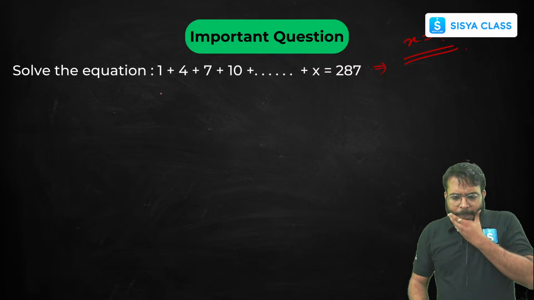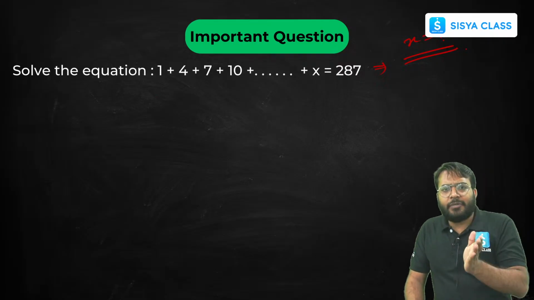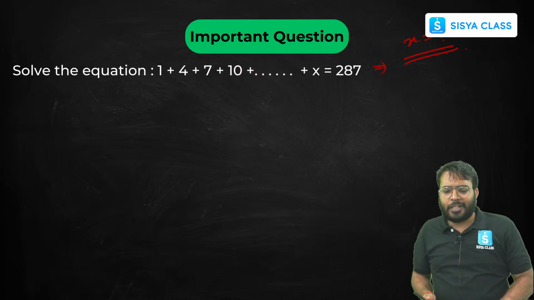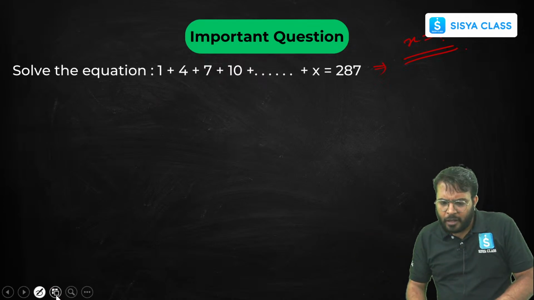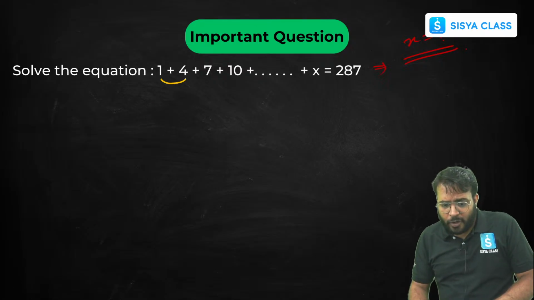They have given 1 plus 4 plus 7 plus 10 and so on, plus x. The sum is what, dear? 287. Is it following some pattern? Yes, sir, it is. When I add 3, I get 4. When I add 3, I get 7.